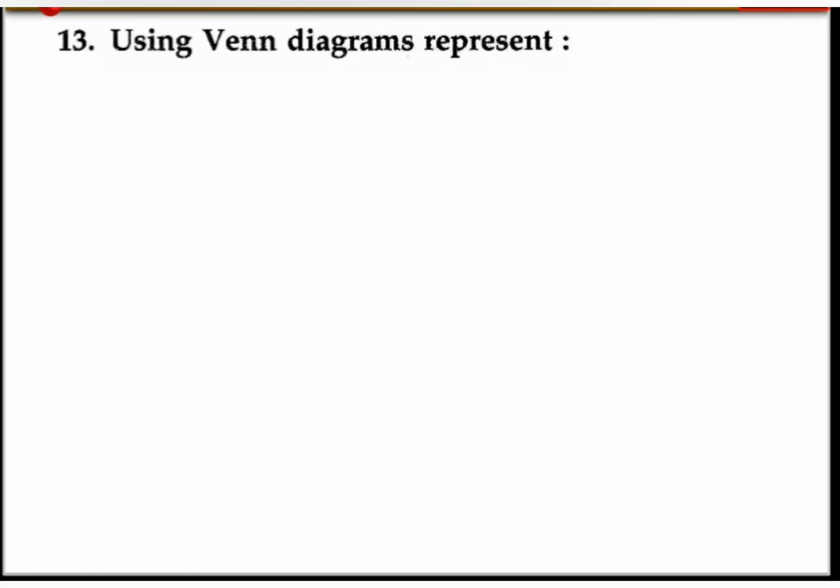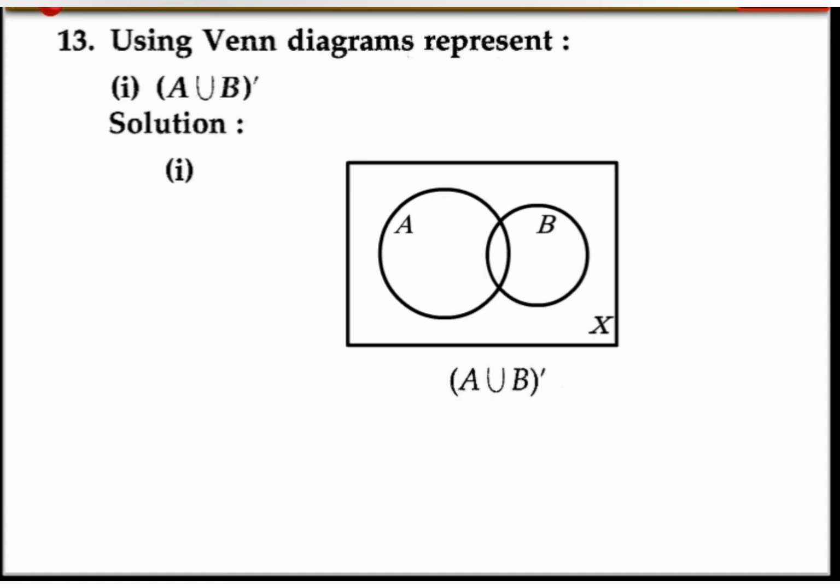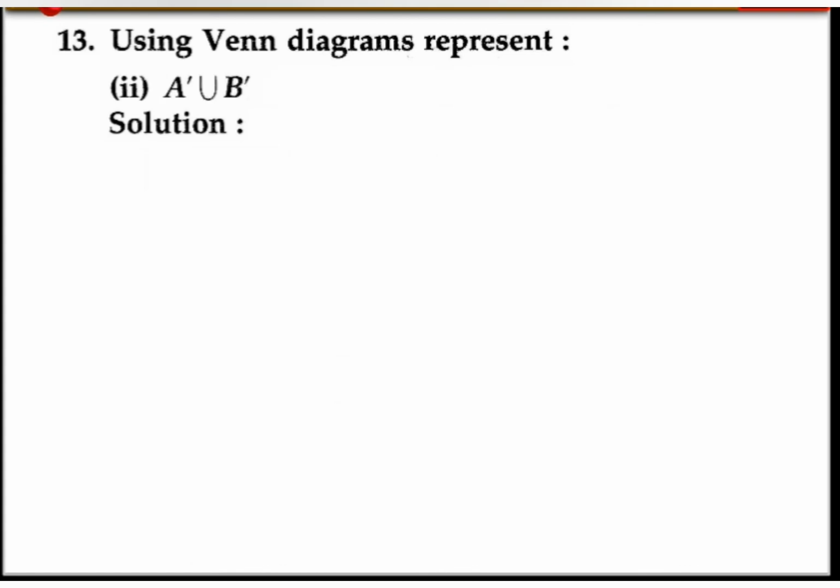Question number 13. Using Venn diagrams, represent number 1. Complement of A union B. Solution. Well, here is the Venn diagram of complement of A union B. Number 2. A complement union B complement.